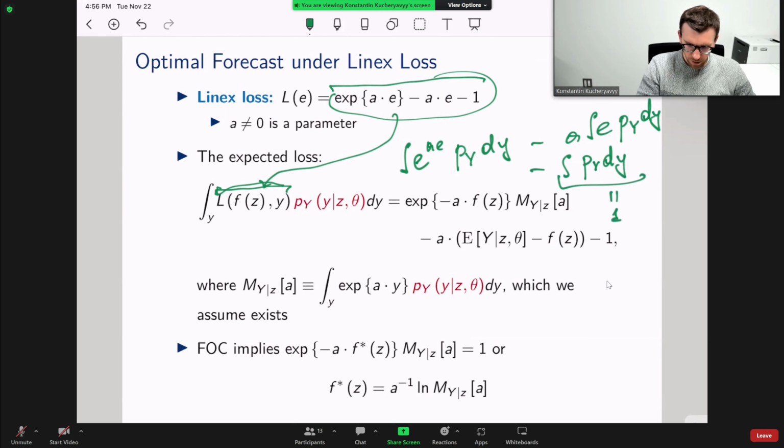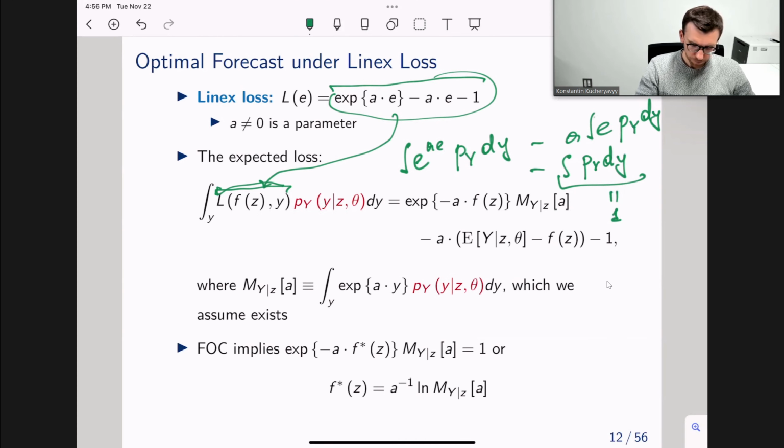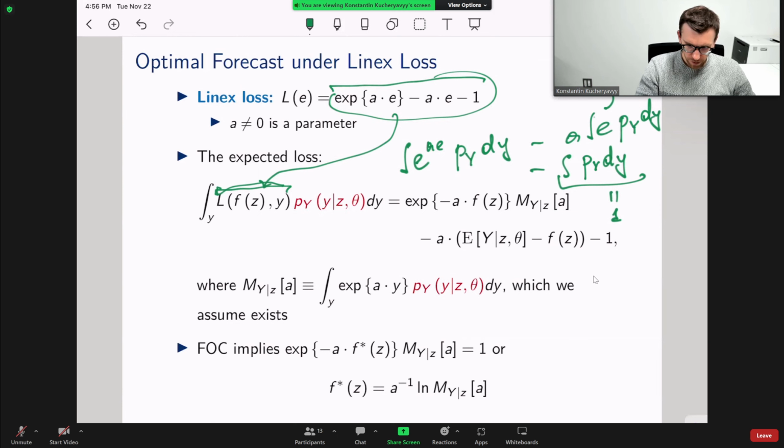This is 1. e is equal to, it's an error, so it's y minus f(z).